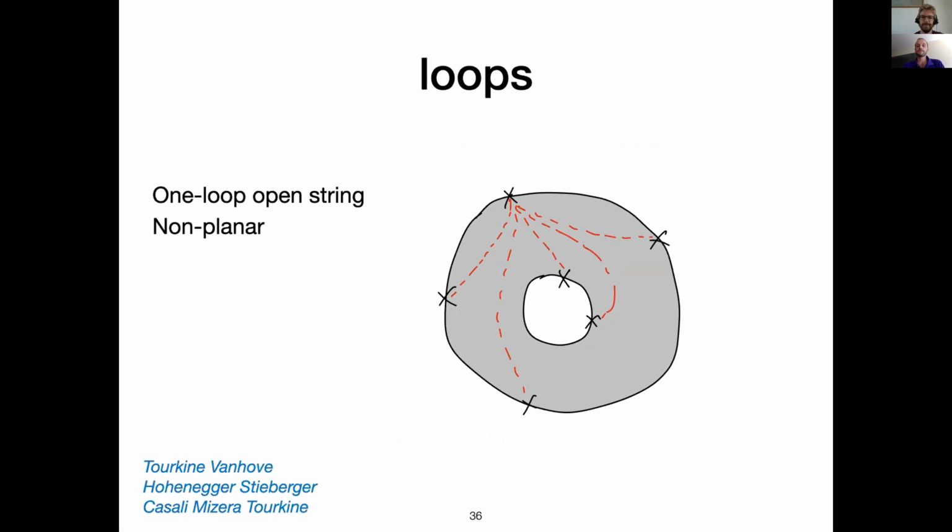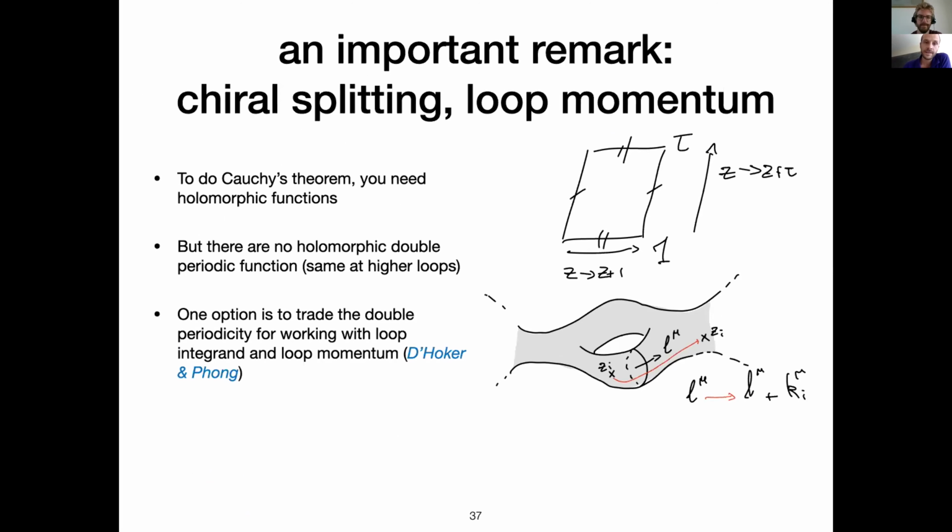So the setup, this would be an open string amplitude with a bunch of marked points inside and outside. So it's like a non-planar amplitude. You would again draw this little dashed line, which corresponds to the cuts. But there's one important thing that I want to comment on right now, which is the following. So we've been essentially doing Cauchy's theorem before.